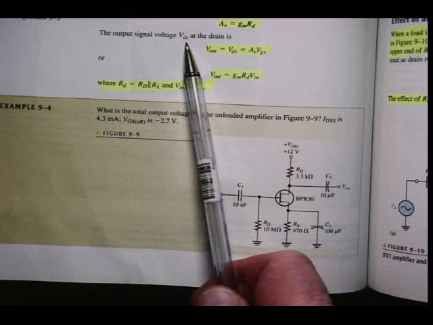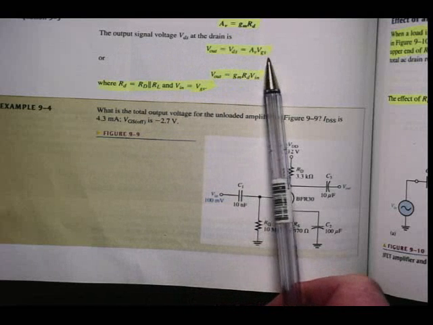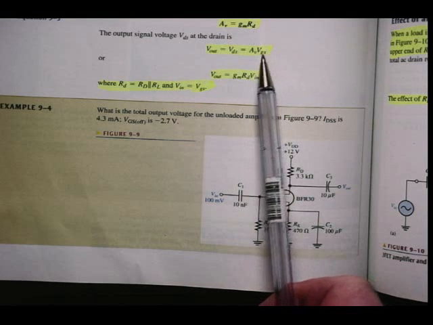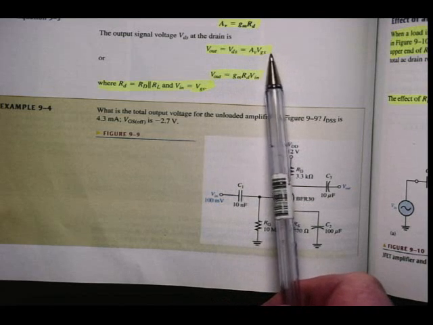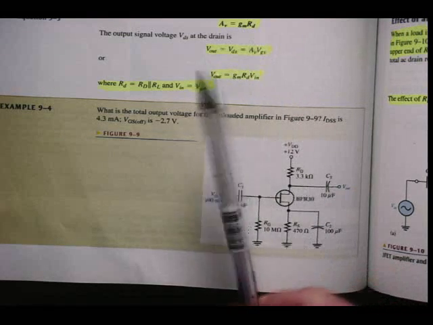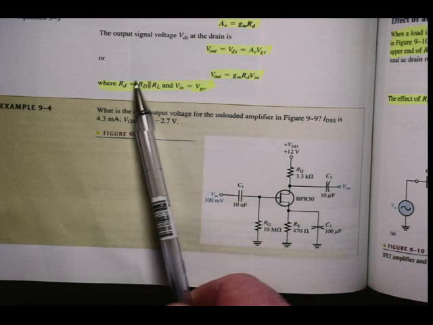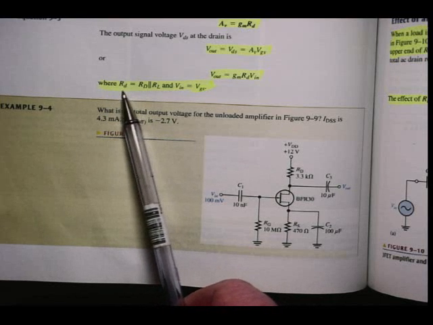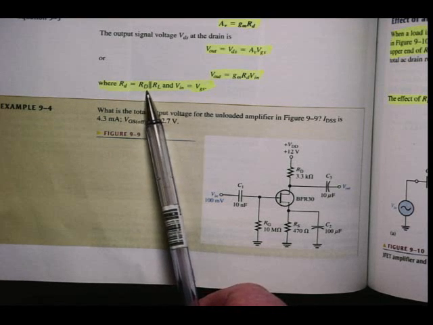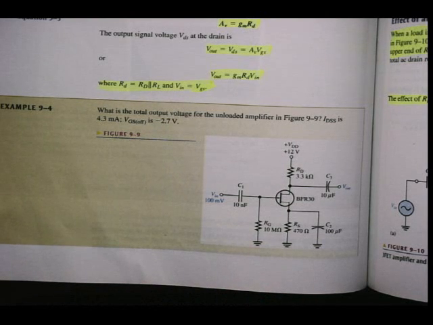The output signal voltage Vds at the drain, Vout, is the voltage gain times VGS. Remember, look at all the subscripts, lowercase now, so it means we're working with AC. Vout is equal to gm Rd Vin, where Rd, underline that, of course, lowercase d is RD in parallel with RL, and Vin is equal to VGS.